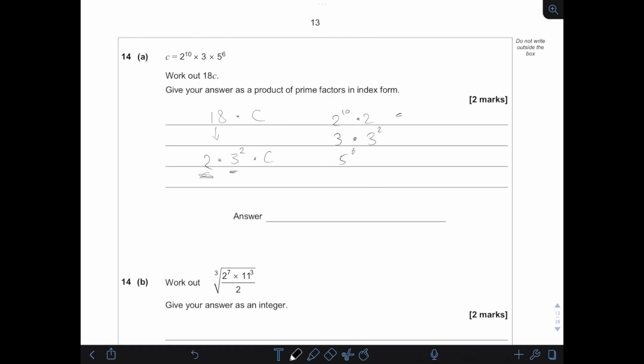And we know that 2 to the 10 times 2, if you know your indices, is 2 to the 11. 3 to the 1 times 3 to the 2 is 3 to the 3. And then 5 to the 6 is unchanged. So your answer is 2 to the 11 times 3 cubed times 5 to the 6.